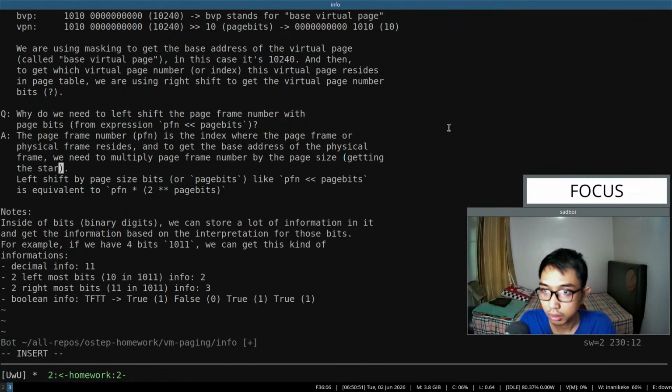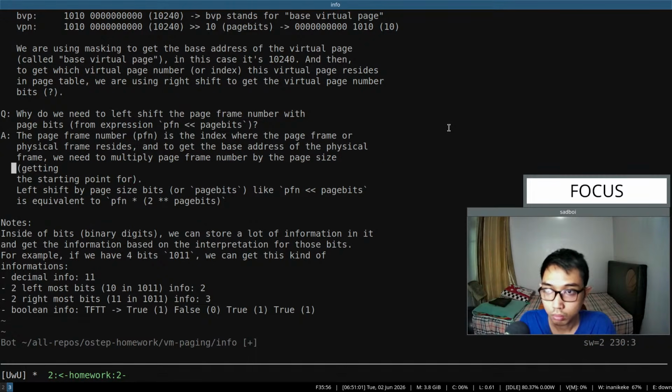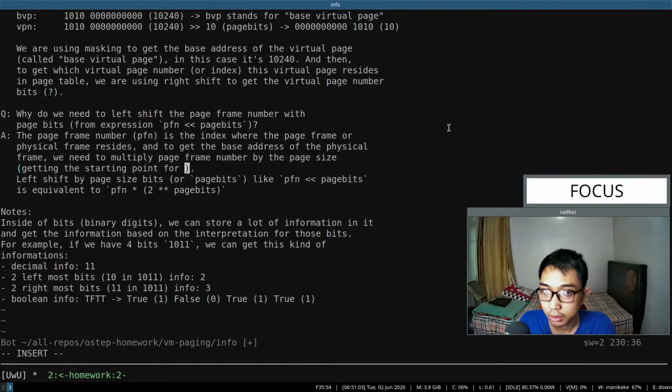Getting the starting point for the page frame number.